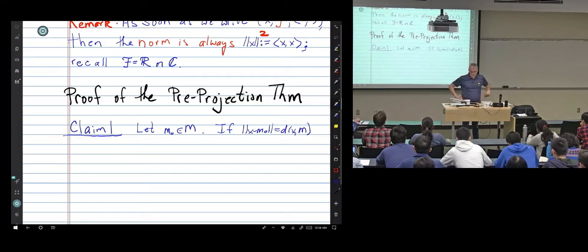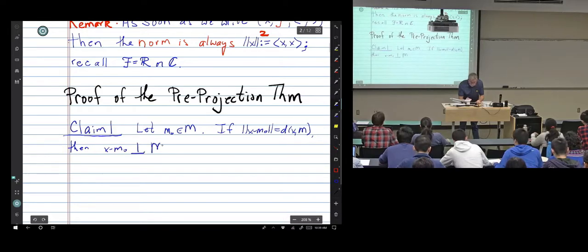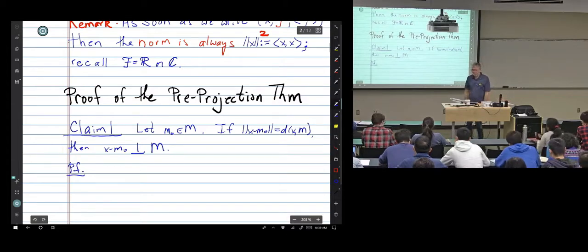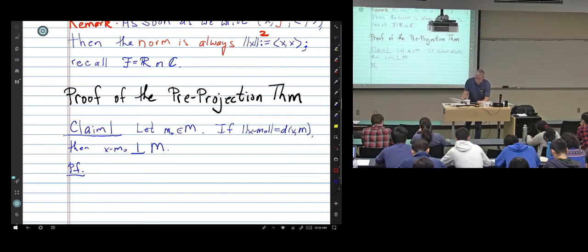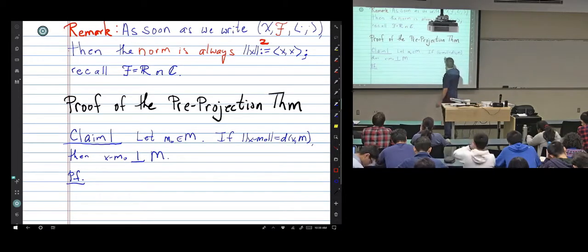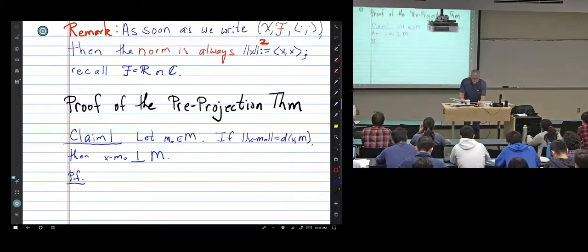We're okay? Sorry. If there's a point M0 such that we actually achieve the minimum, then x minus M0 has to be orthogonal to M. Okay, so that's our first claim. If we achieve the minimum, it's necessarily true that it's orthogonal.